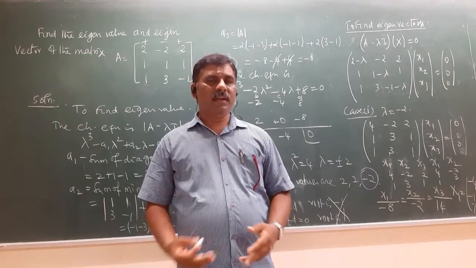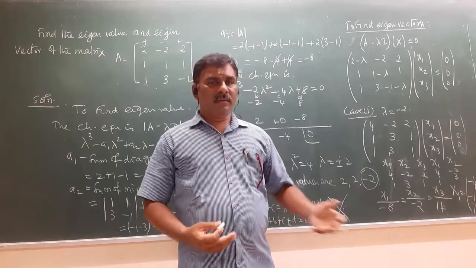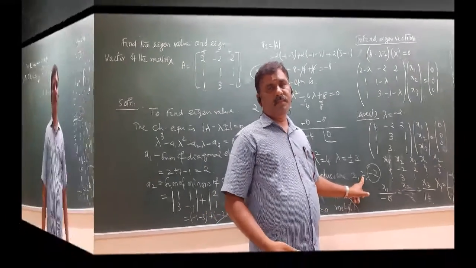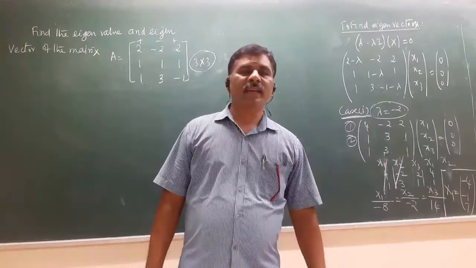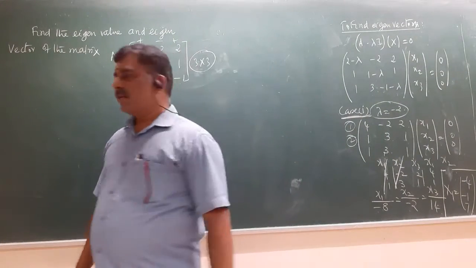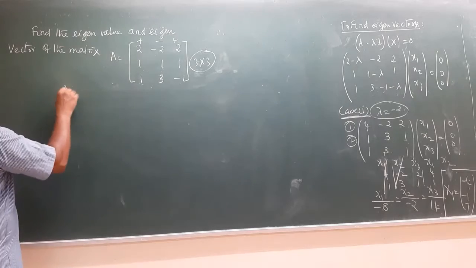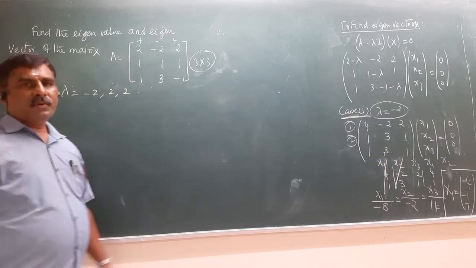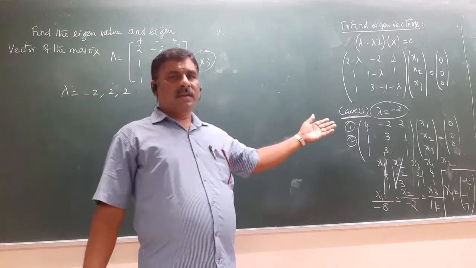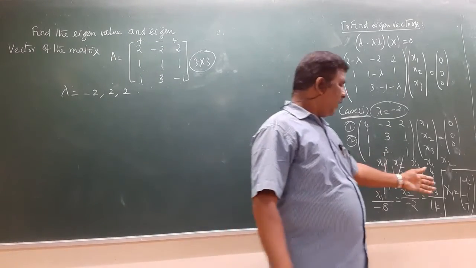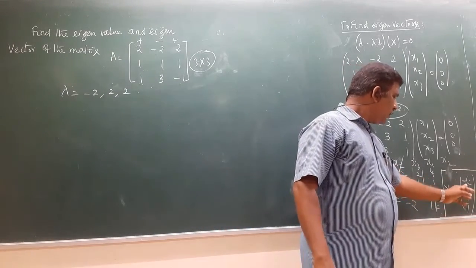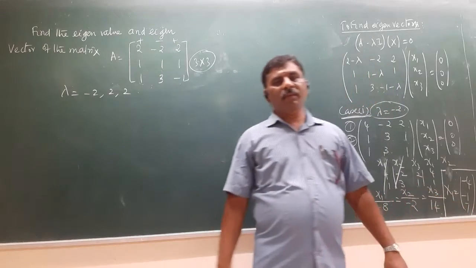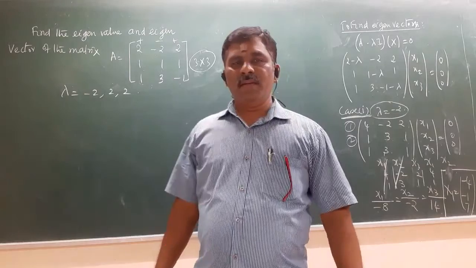Next we have to find the eigenvector for the other lambda. What are the eigenvalues of the matrix? Eigenvalues are minus 2, 2, 2. So here the eigenvector 4, 1, minus 7 is the eigenvector for lambda equal to minus 2.